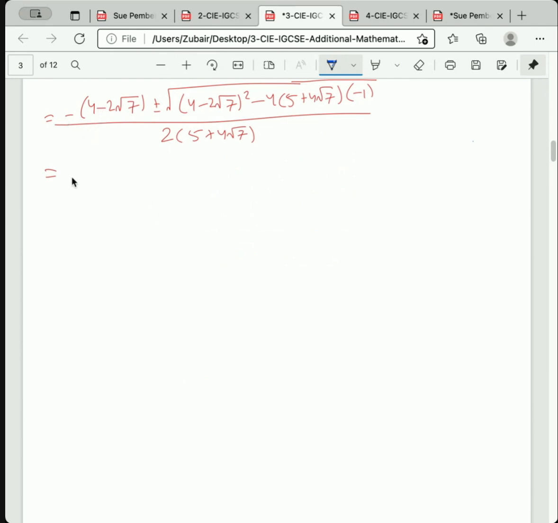So this is minus 4 plus 2 square root 7 plus minus. Now that would be a square plus b square. 2 square is 4, 4 into 7 is 28, minus 2ab. 4 times 8 is 16 square root 7.